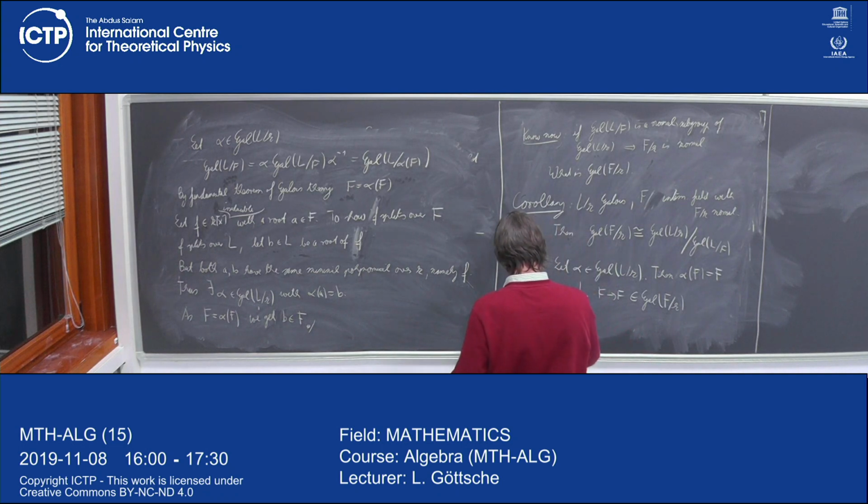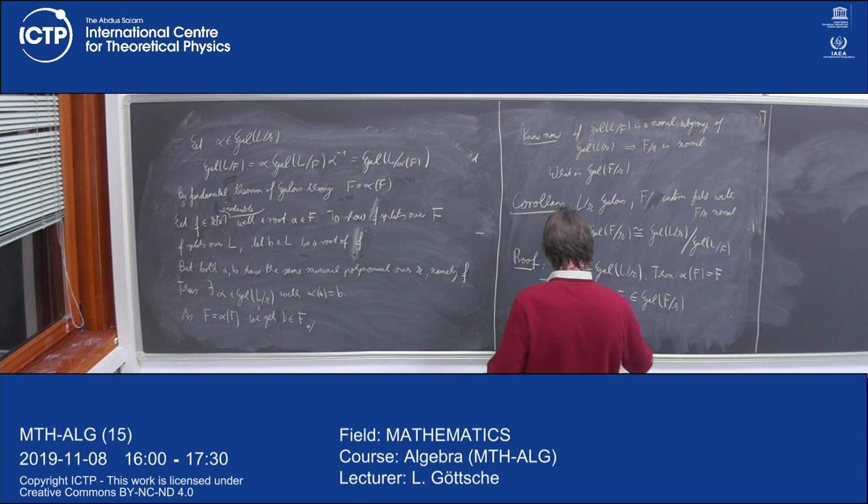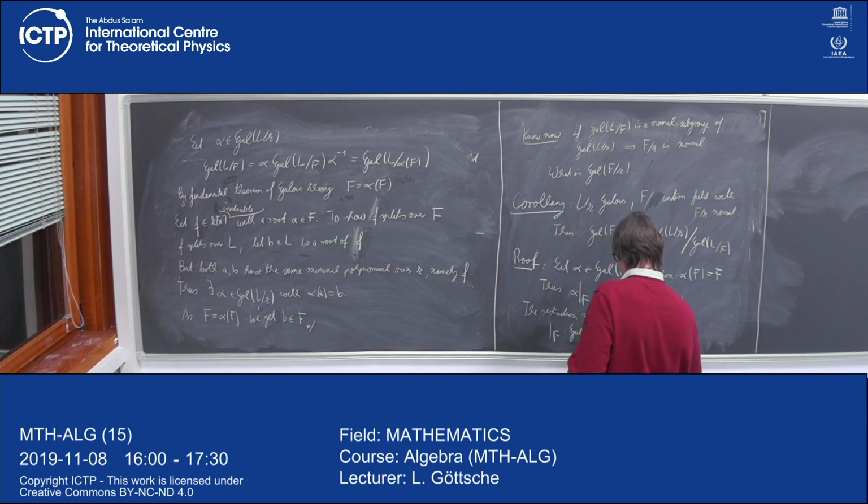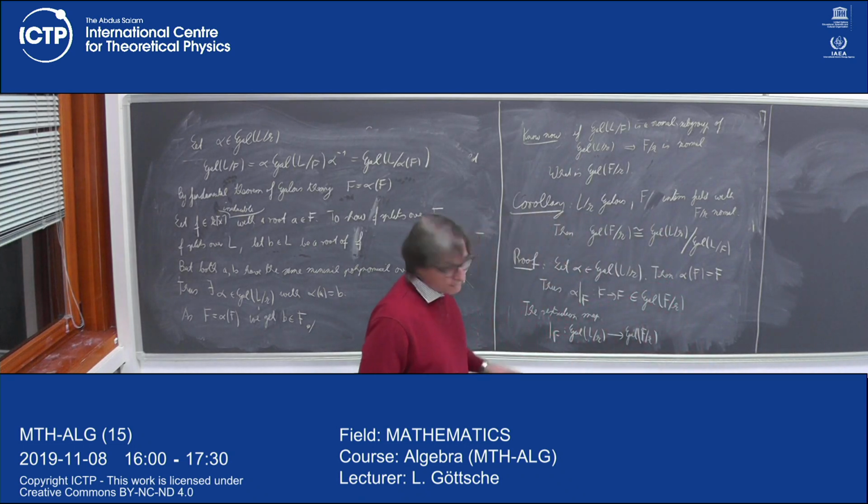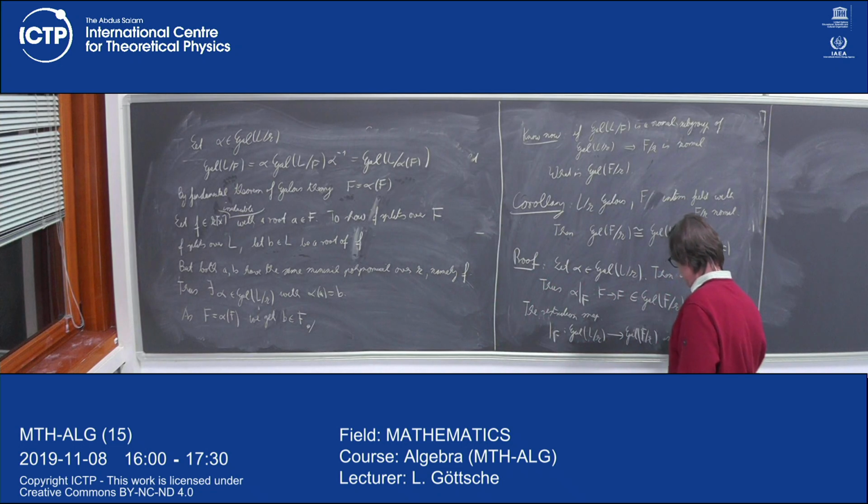So thus we have the restriction map, which is restriction to F from the Galois group of L over K to the Galois group of F over K. So this is obviously a group homomorphism, because before it was a composition, afterwards a composition is a group homomorphism.